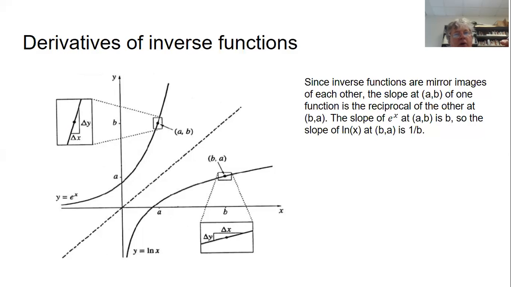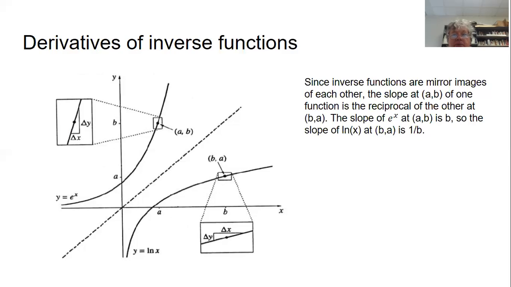Okay, when you reflect that across y equals x to the inverse function, you see that little triangle gets flipped. And so what was rise over run before now becomes run over rise. And so whatever the slope is at (a, b) for a function, it's going to be 1 over that slope at the point (b, a) on the inverse function.